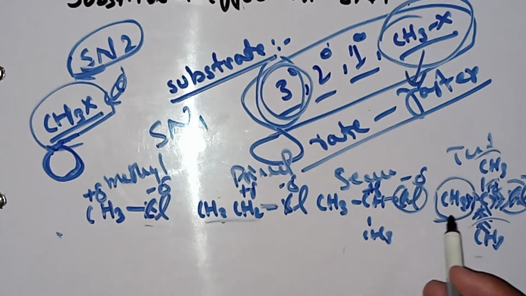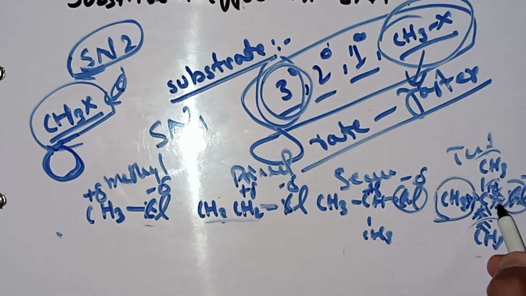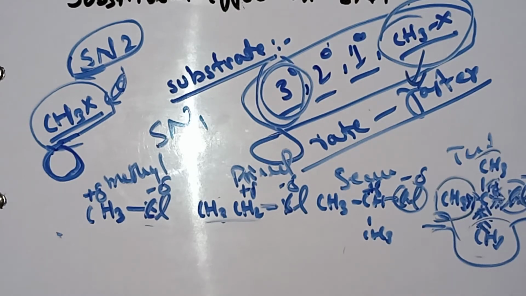The electrons in the bond then go easily with the chloride ion, and the system becomes ionized. So a tertiary carbocation is formed and the chloride ion is formed as a product.